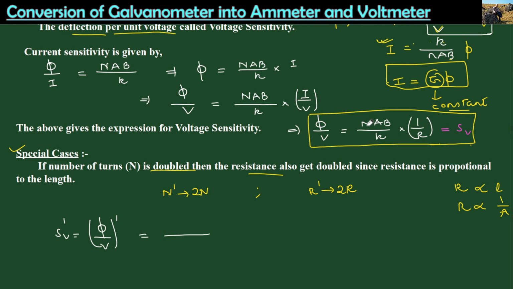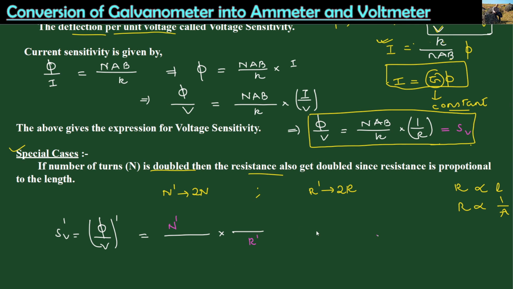In place of that N, this new one will be N dash, and over there the resistance will be doubled. So the resistance will be the new resistance, which is R dash.